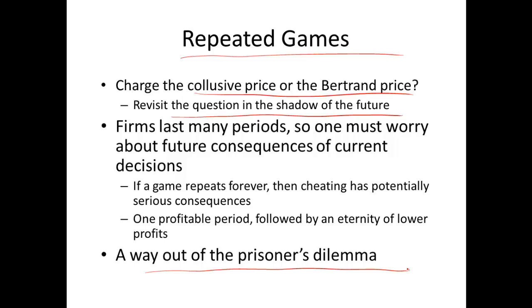Stepping back, what does it really mean here? If a pair of firms finds itself with high prices and high profits, doing something different, like starting a price war, is rocking the boat and potentially endangering a long stream of future profits. That could give a firm pause about doing that.